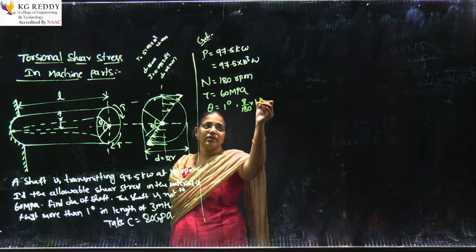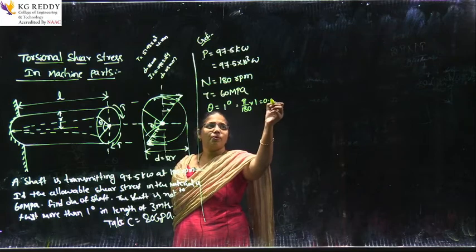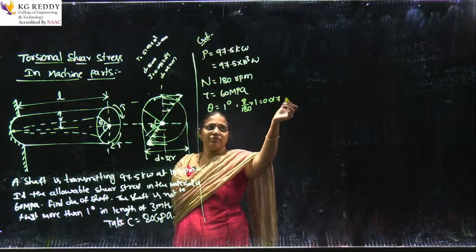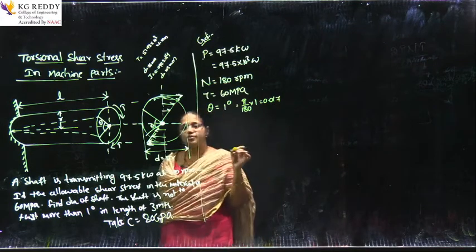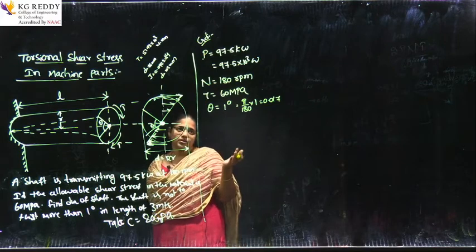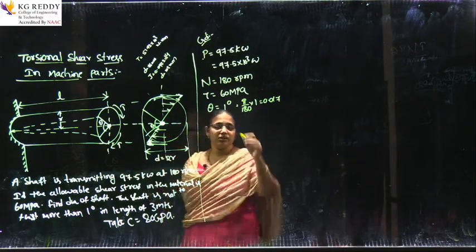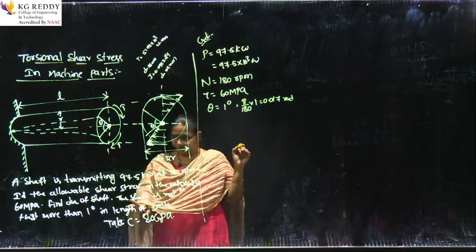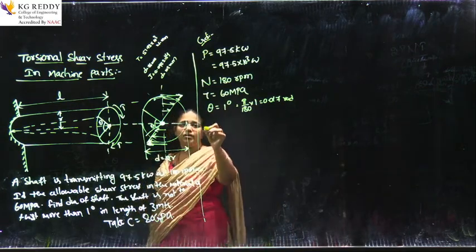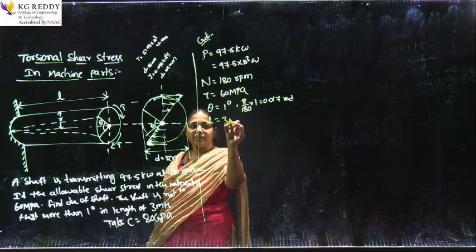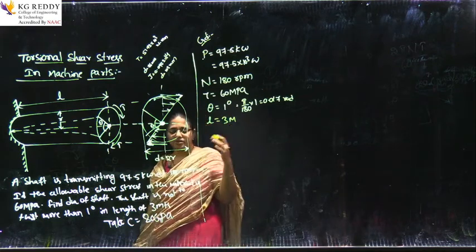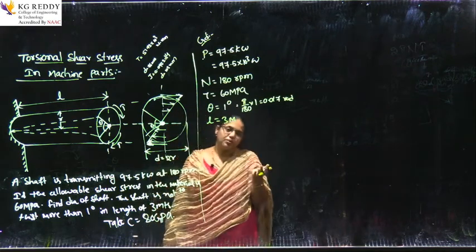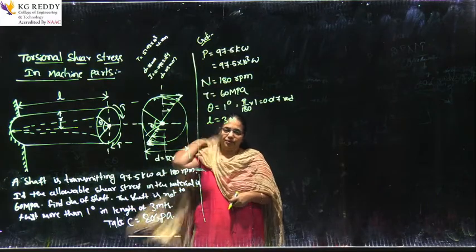Therefore, how much will we get here? Around 0.017 is what we will get for theta in terms of radians. This was given in terms of degrees. They have also given the length of the shaft, that is 3 meters. If you want to convert this into mm, you can write 3 into 10 cube.